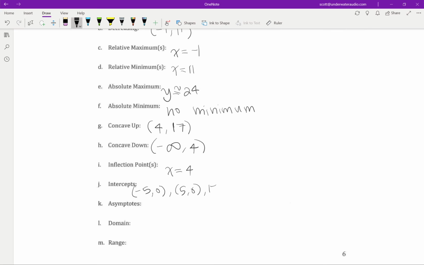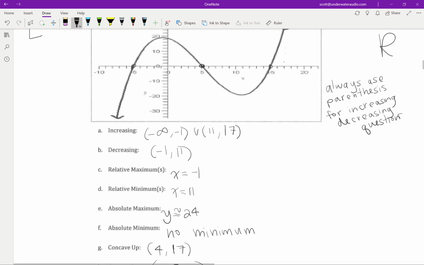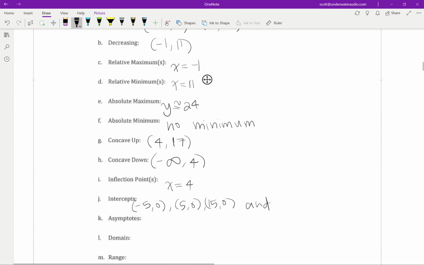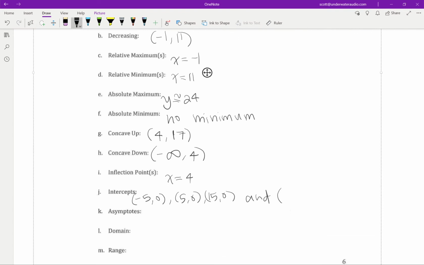And 15, 0. And I also need the y-intercept, which one is a little tricky. 2, 3, 4, 5. So I think it's going up by 2s. So we're going to go with 18? Yeah. Looks like y-intercept of 18. So that'd be 0, 18.